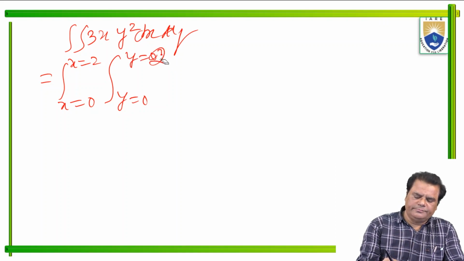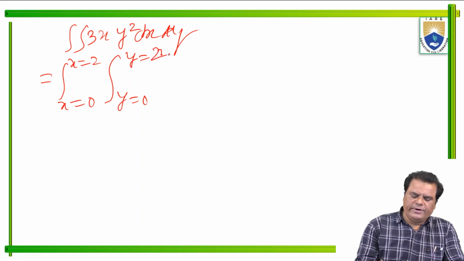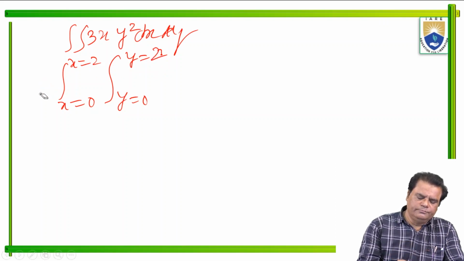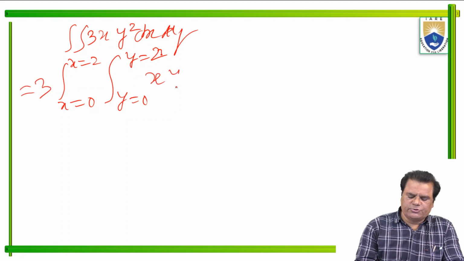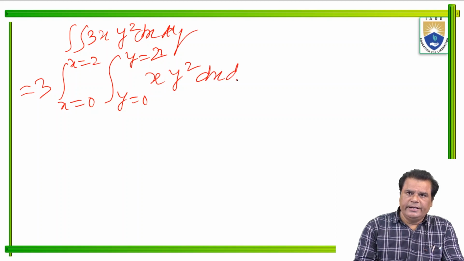This is the limit. So for finding the value, 3 is common, and here x y square dx dy.